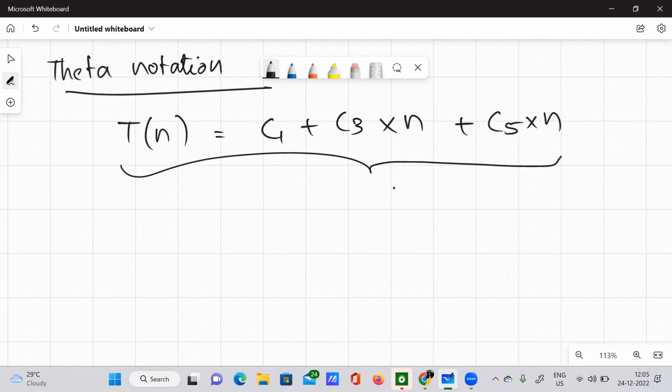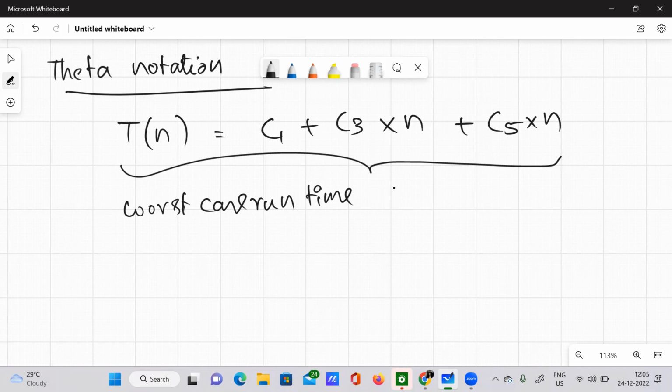So this particular function, you can call this t of n a function. This function usually describes the worst case runtime, as in my first example, which I have already explained in the time complexity video.